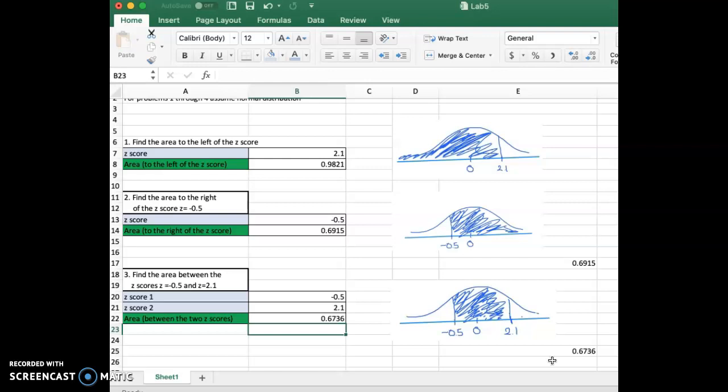Which means 67.36% of the values are between negative 0.5 and 2.1.